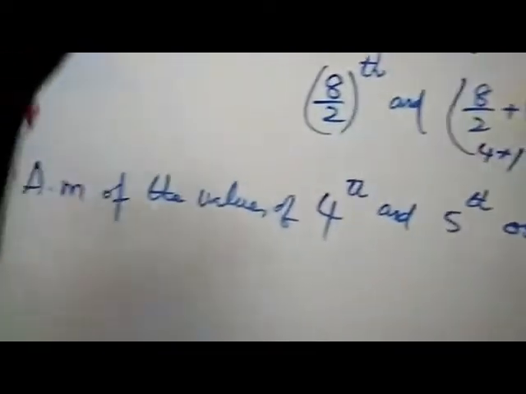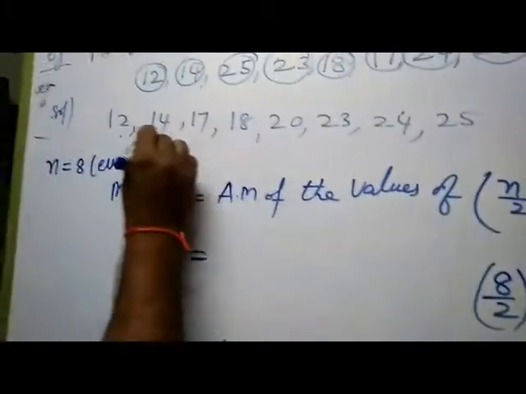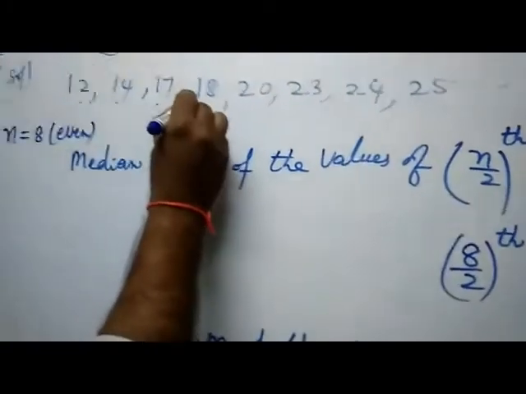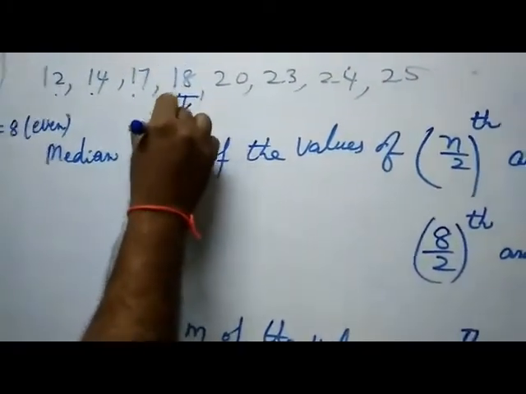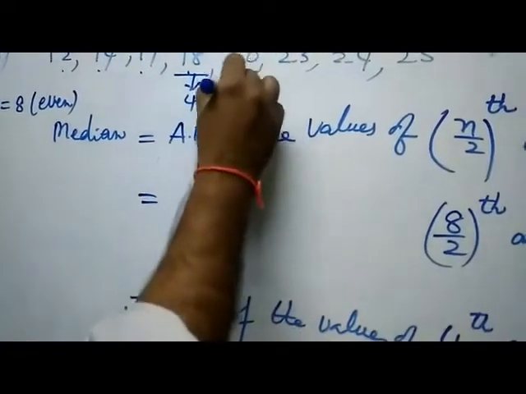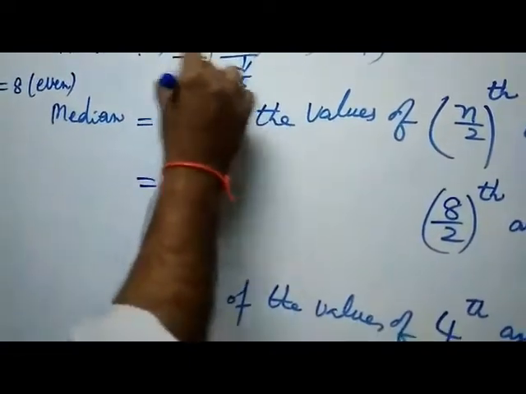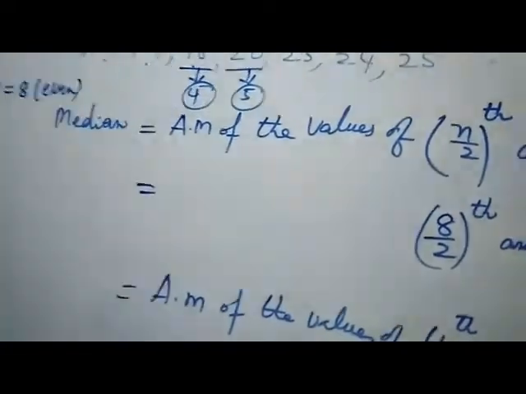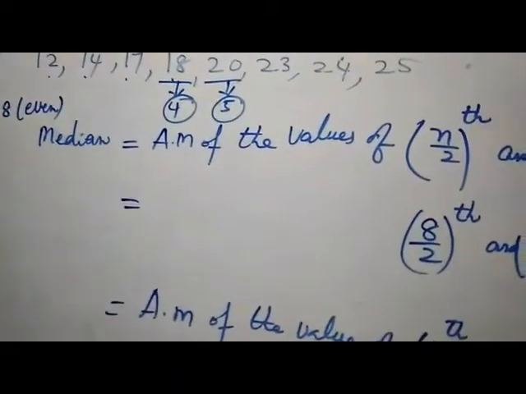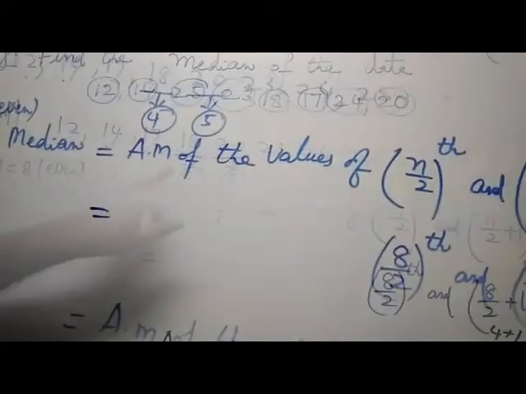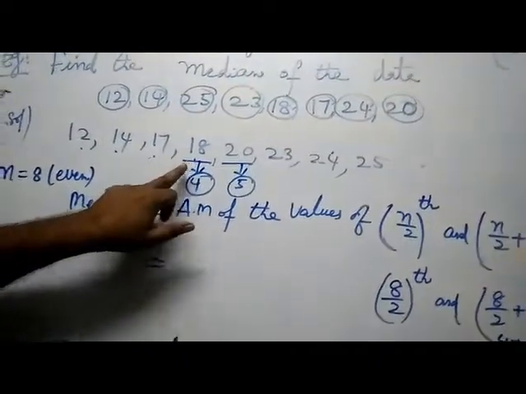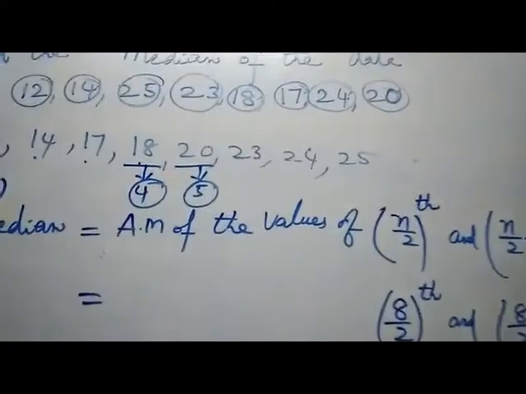What is 4th observation? 1, 2, 3, 4. This is 4th observation. This is 5th observation. 4th observation is 18 and the 5th observation is 20.